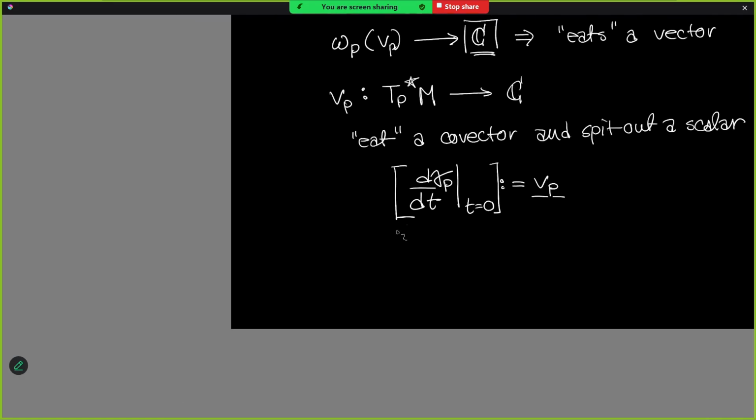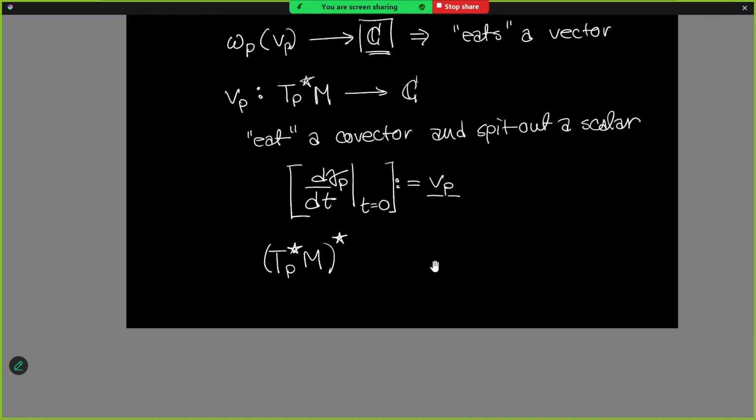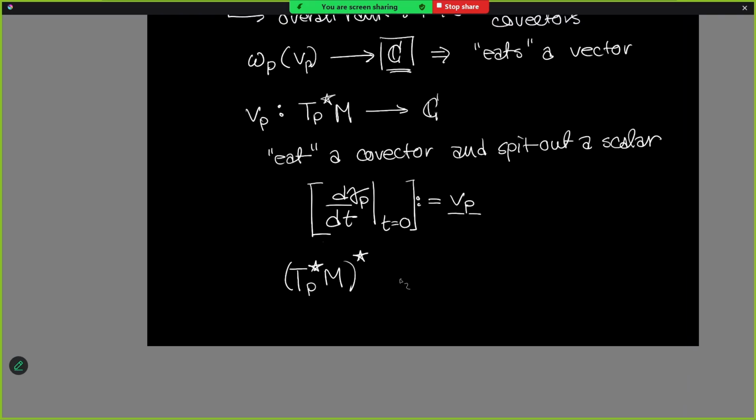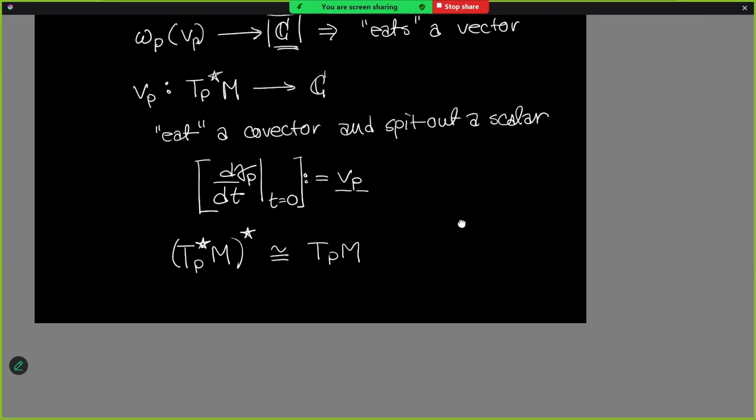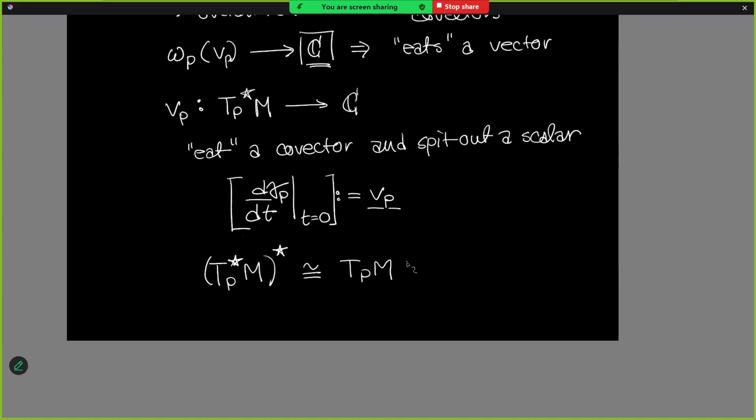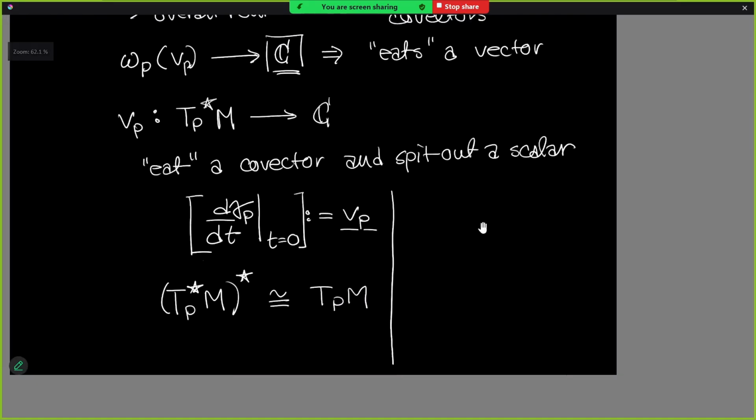But in fact, if we took the dual of the dual space T_p M star, if we took the dual again, then this space is actually isomorphic to T_p M. I'm going to do a loose proof of this fact. Firstly, we would need to find this isomorphism.